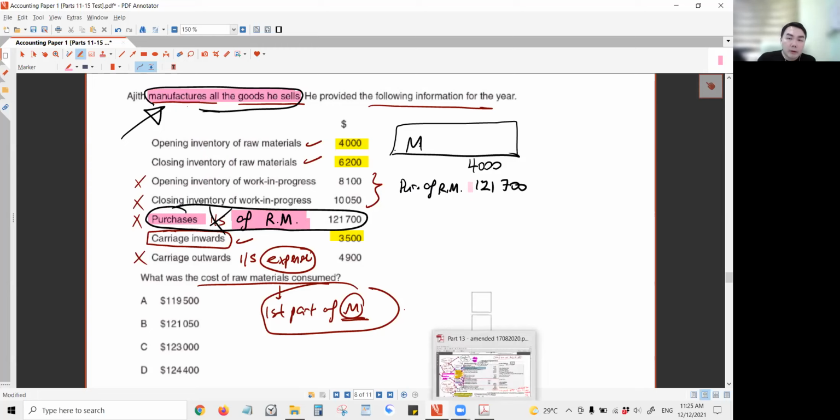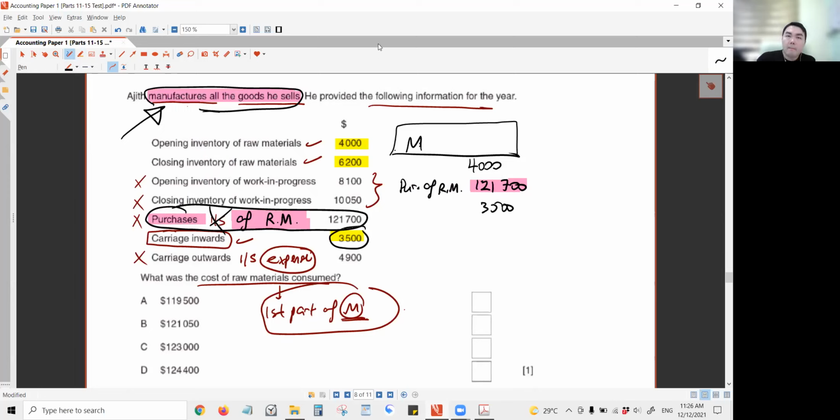Therefore, I have to write it down here. It is in the manufacturing account. That's not purchase of finished goods. And then I have to plus the carriage inward, 3,005. Yeah, correct, Ishin.